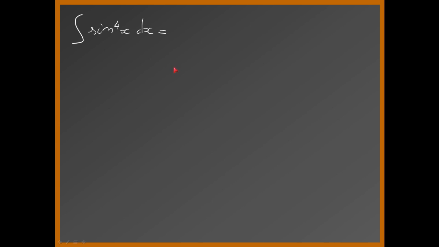We write sine to the fourth of x as the product of sine of x and sine cubed of x.